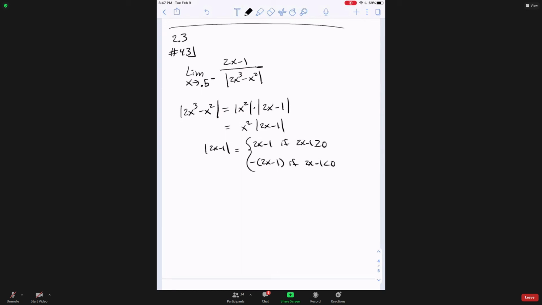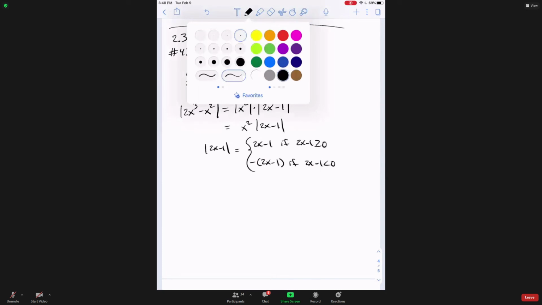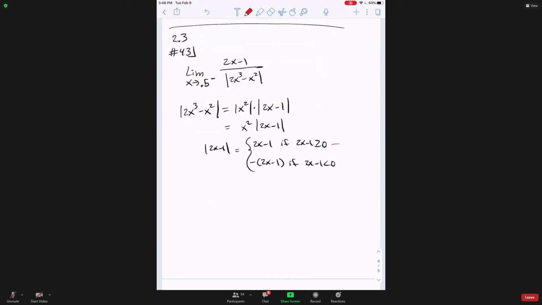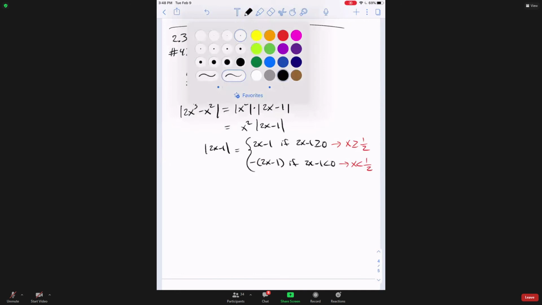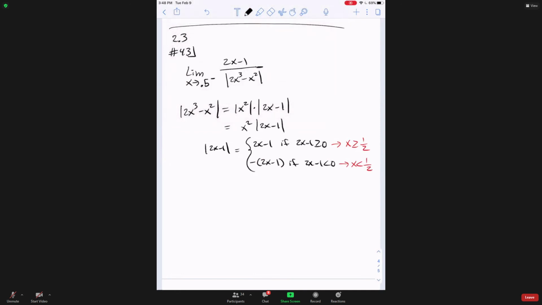So then this, if you move the 1 over and divide by 2, x is greater than or equal to 1/2. Here, x is less than 1/2. So going back to the main problem, you have the limit as x approaches 0.5 from the left side of 2x minus 1 over the absolute value of 2x cubed minus x squared.